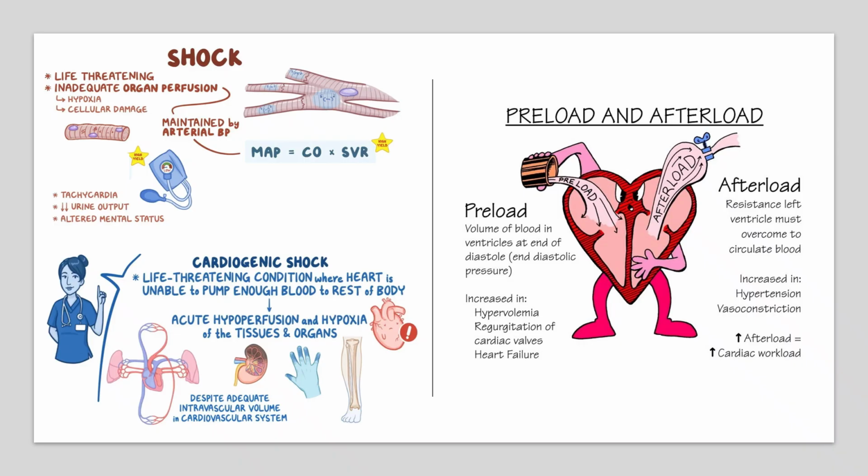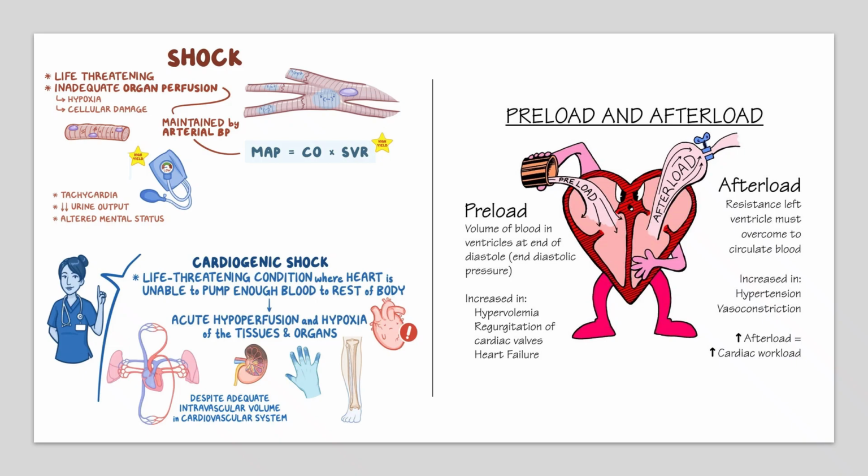Think about it. What's your cardiac output? It's your stroke volume times your heart rate. Well, what's your stroke volume? Your stroke volume consists of your preload, aka your volume, your heart's contractility, aka the force, and the afterload, aka the amount of resistance your left ventricle is facing in order to pump blood back to the rest of your body.